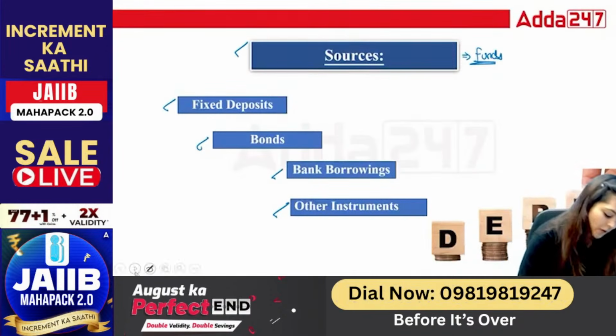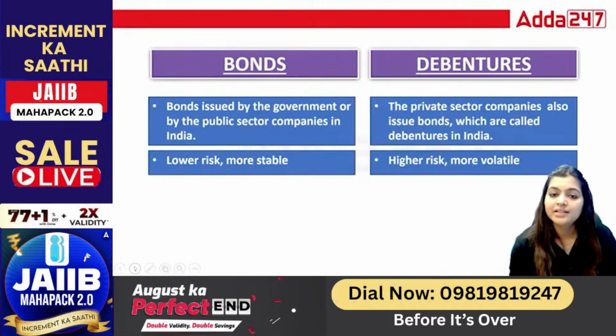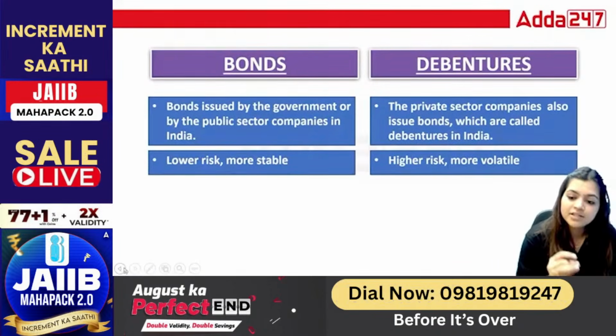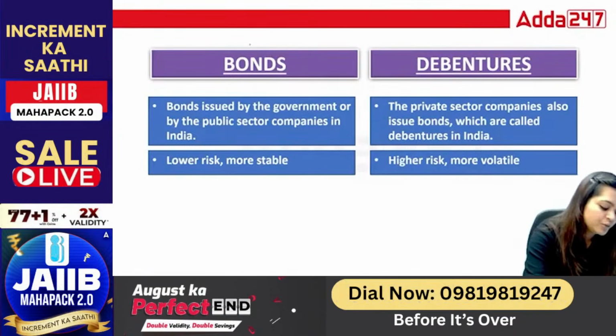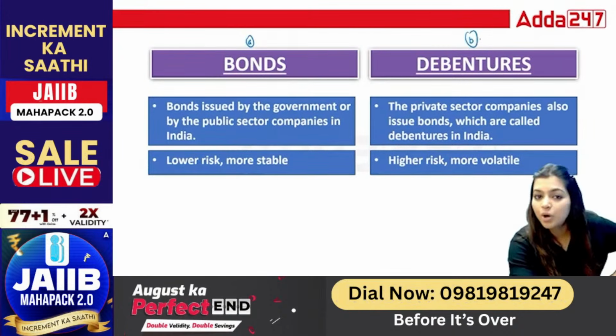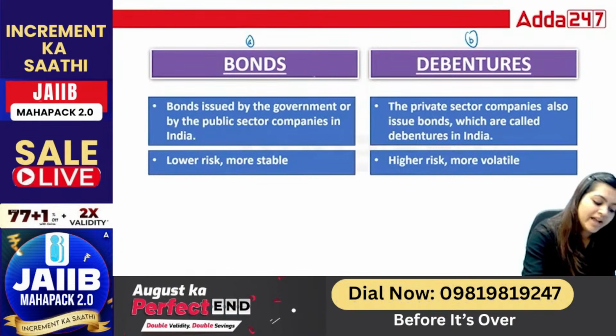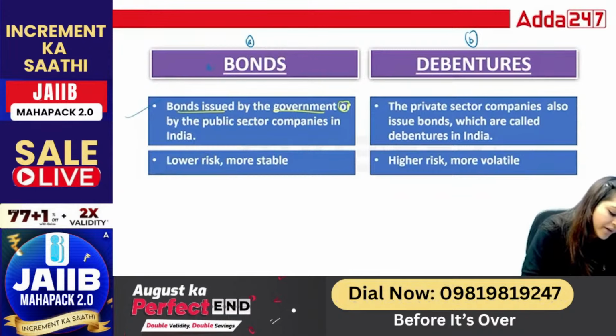Now, the next important thing is bonds and debentures, because mainly in this unit we are going to talk about the borrowing side. When we are using bonds or debentures, we are talking about the borrowing side. So what do bond and debenture mean? Bonds are issued by the government or by public sector companies in India.